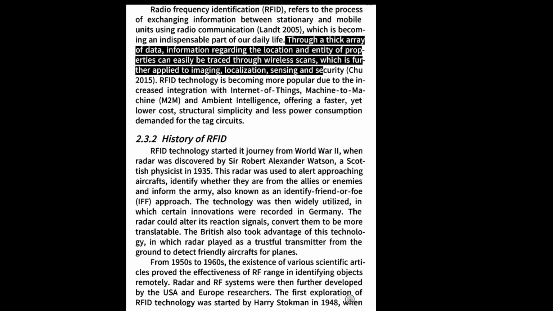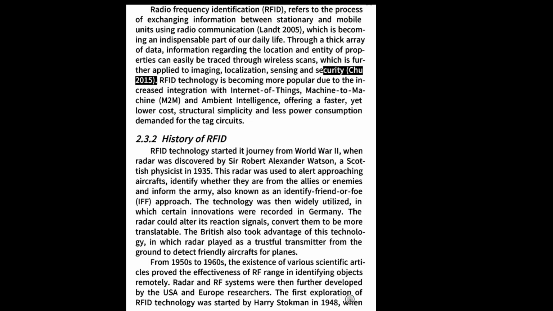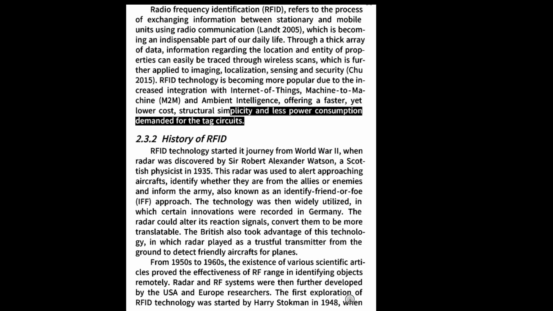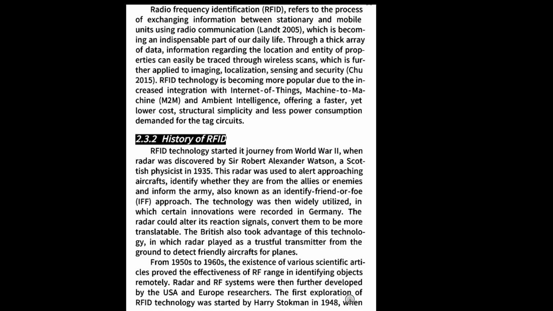Through a thick array of data, information regarding the location and entity of properties can easily be traced through wireless scans, which is further applied to imaging, localization, sensing and security, 2015. RFID technology is becoming more popular due to the increased integration with Internet of Things, machine-to-machine (M2M), and ambient intelligence, offering a faster, yet lower-cost, structural simplicity and less power consumption demanded for the tag circuits.